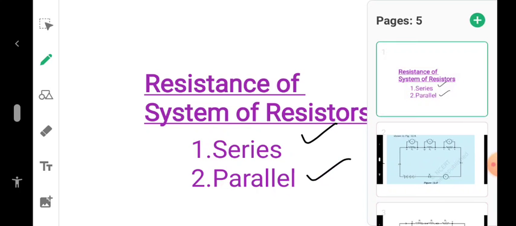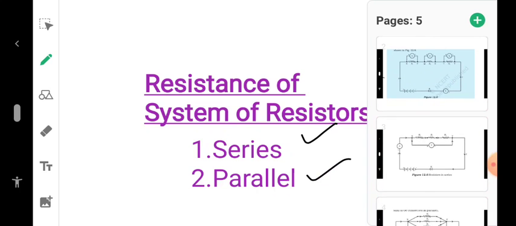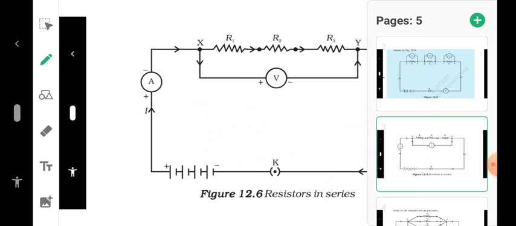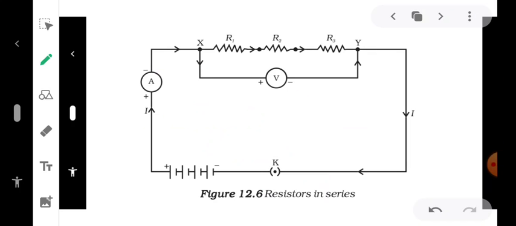The first type is series connection. What is series connection? In the previous class itself, I discussed series connection, not for the resistors but for the battery.